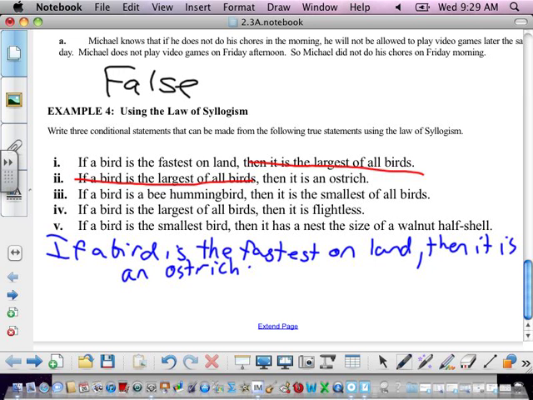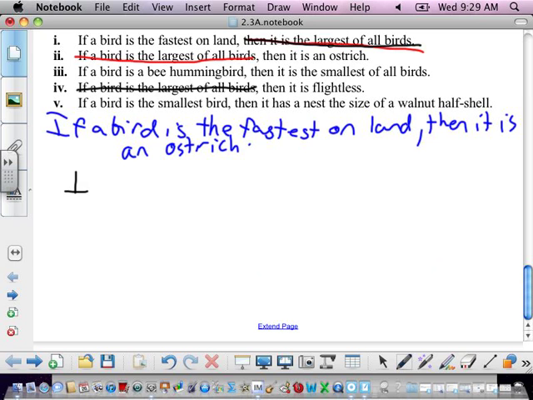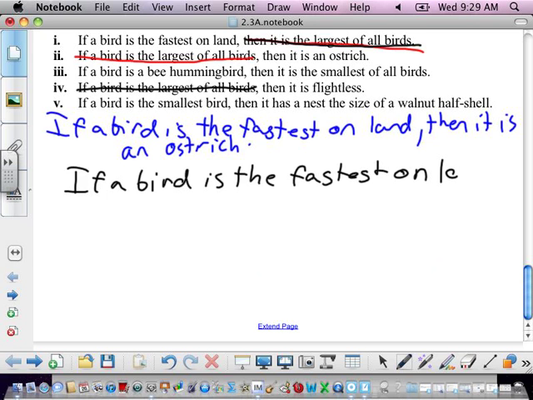Are there any others that start with if a bird is the largest of all birds? Which one? 4. So I've got 4 and I've got 1. So I can say if a bird is the fastest on land, then it is flightless.